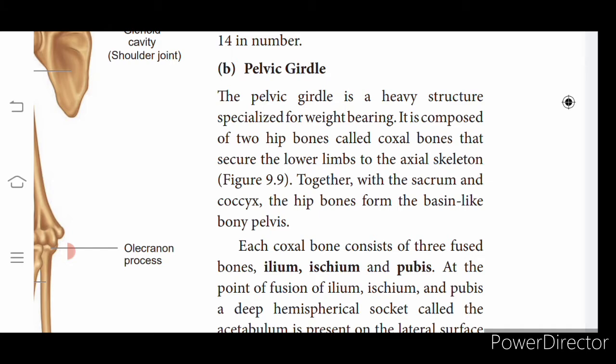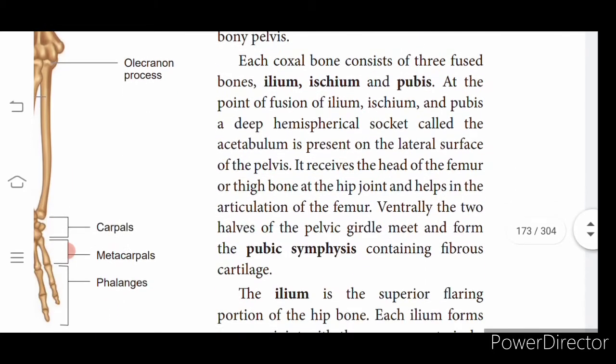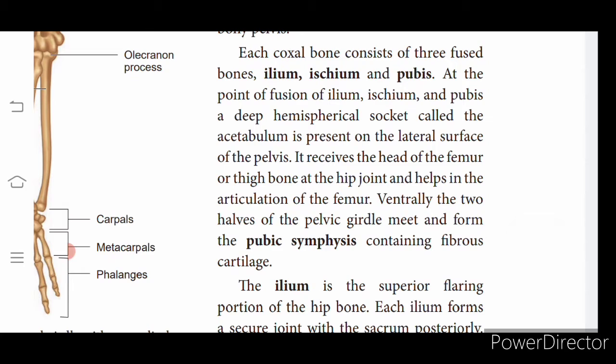Together with the sacrum and coccyx, the hip bones form the basin-like pelvis. Each coxal bone consists of three fused bones: ilium, ischium and pubis.